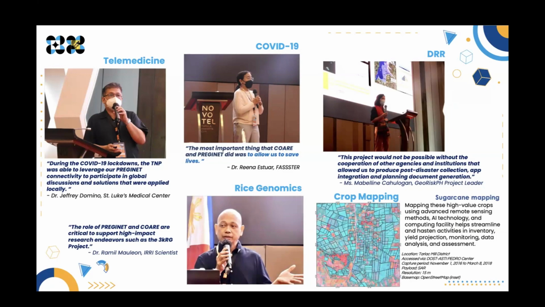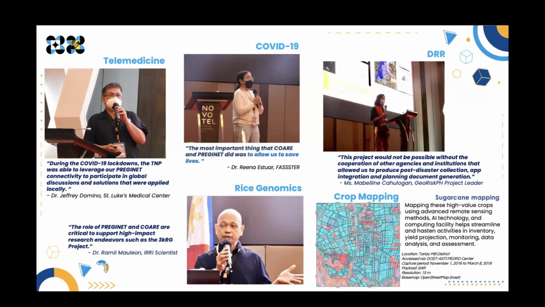So just to mention, we have been working for a long time with IRRI, helping each other out, and IRRI is connected to PREGINET, but it extends its connectivity to the whole science community in the area in Los Baños. So the University of the Philippines, Los Baños is located there, some of the agencies under the Ministry of Science and Technology, and some other government institutions.